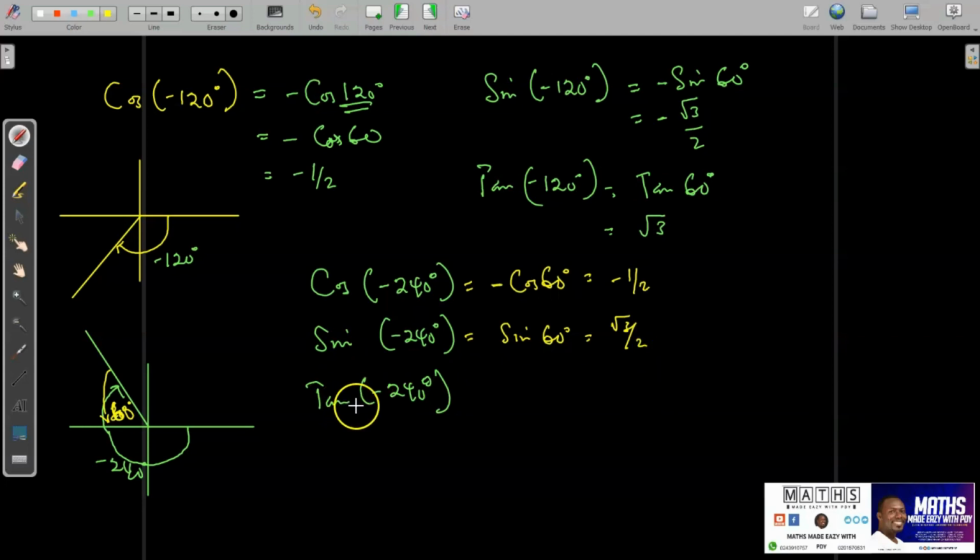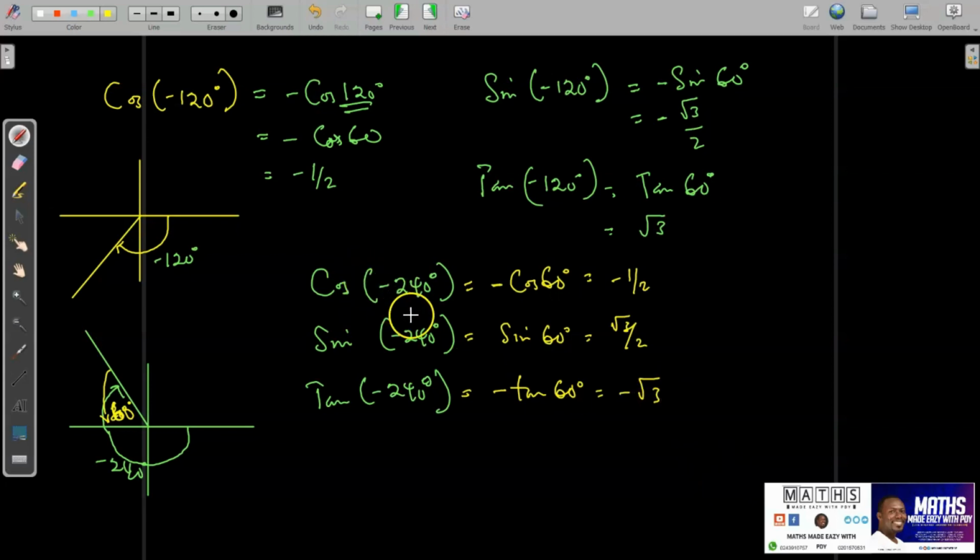And then finally, tan of negative 240 degrees. What is the behavior of tan in the second quadrant? It's negative. So we are supposed to obtain negative tan of 60 degrees, and that will give us negative root 3.